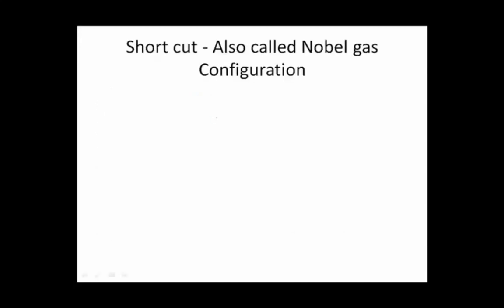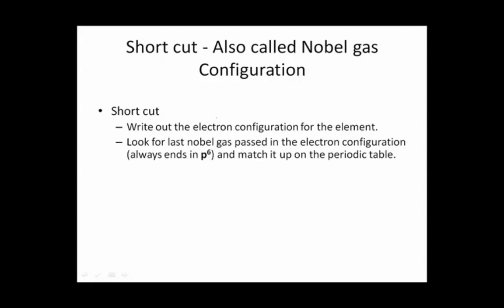So here's a shortcut in doing electron configuration, and it's called noble gas configuration. It's real simple. First, you write out the electron configuration for the element. Then you look for the last noble gas passed in the electron configuration. The noble gas will always end in a p6.